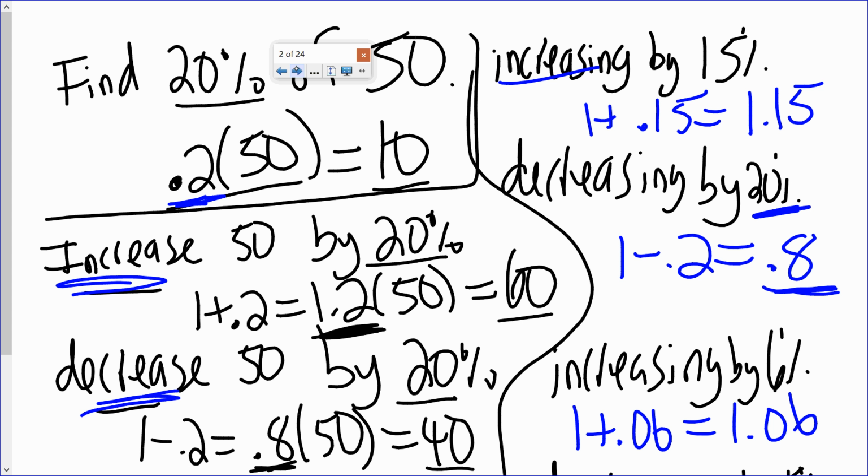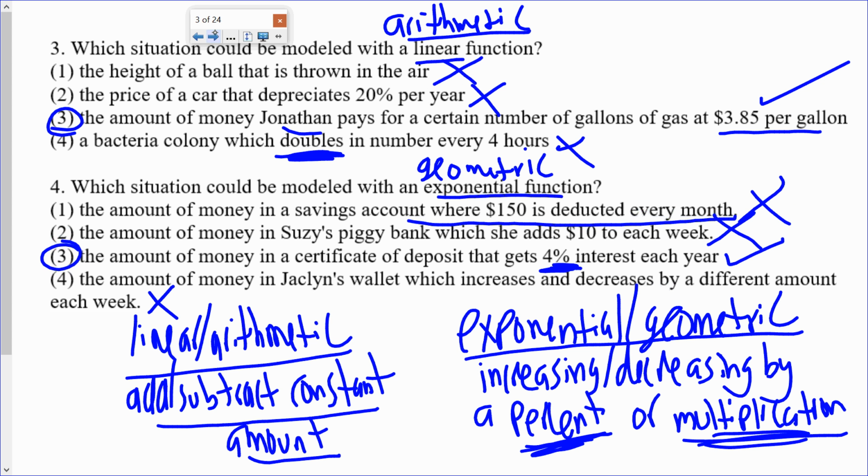Second thing we talked about, increasing or decreasing by a percent. If you're increasing or decreasing by a percent, you're adding or subtracting that decimal to 1. We talked about the difference between linear and exponential: linear is always arithmetic and geometric is always exponential. Linear or arithmetic, you're adding or subtracting a constant amount, whereas exponential or geometric, you're increasing or decreasing by a percent, or it's multiplication.